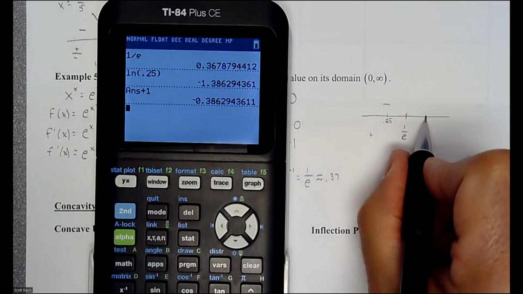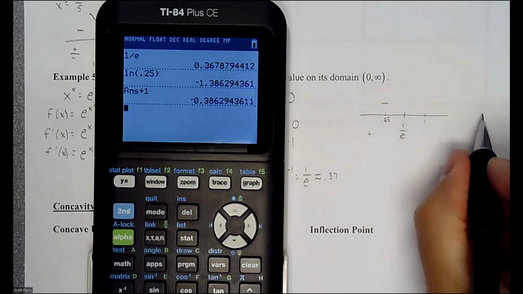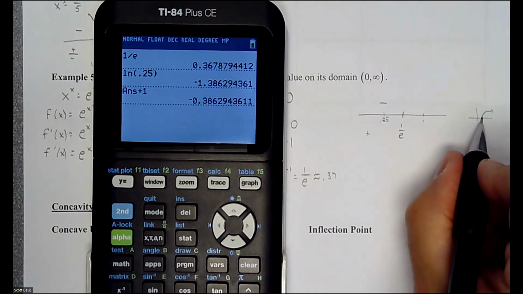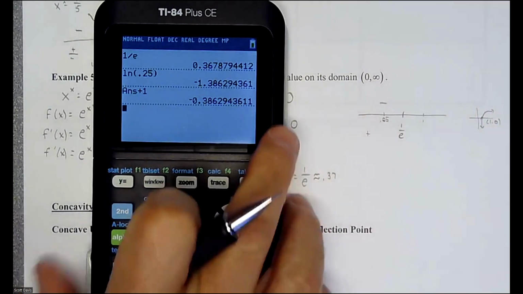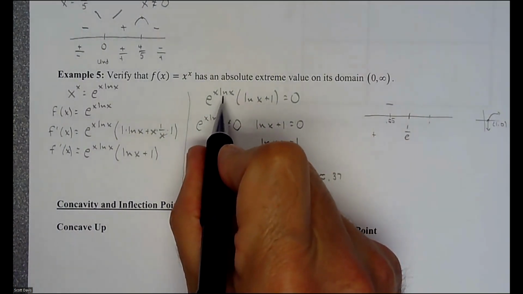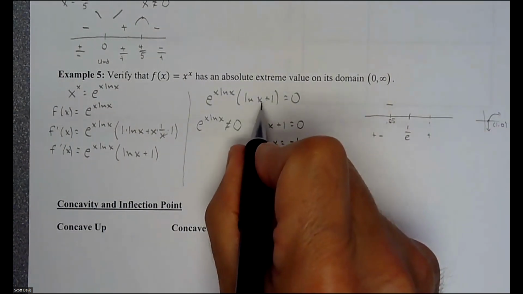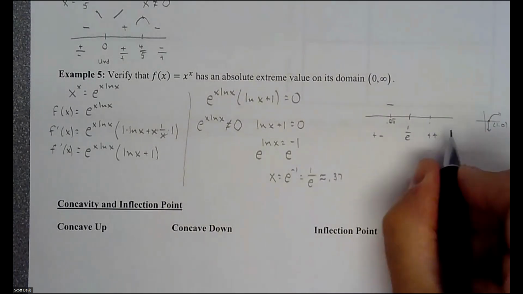And if I plug in something bigger, which might be like a 1, we're going to do the natural log of 1. I do know the natural log of 1, because I know a natural log graph looks like this, and that point right there is 1, 0. So all right, let's go back over here. So we're plugging 1 into this. That's still going to be a positive. And then we plug in natural log of 1 is 0, plus 1 is another positive.